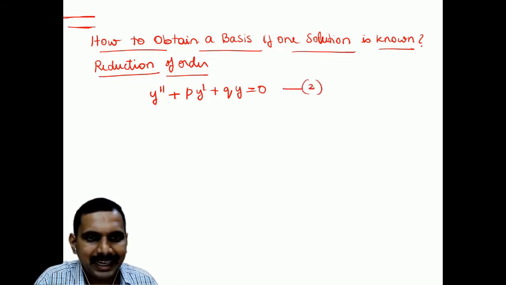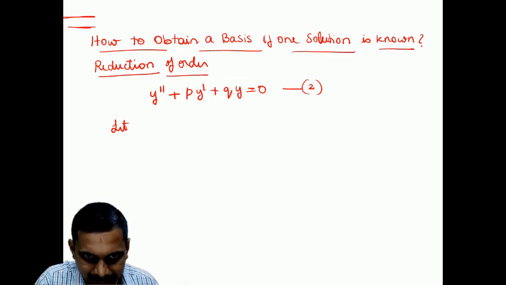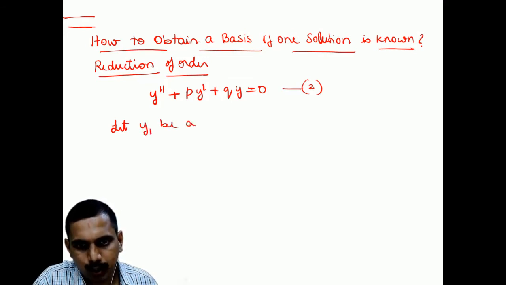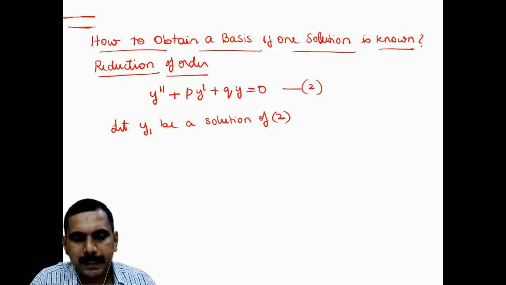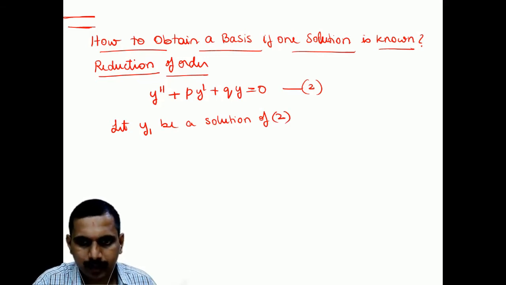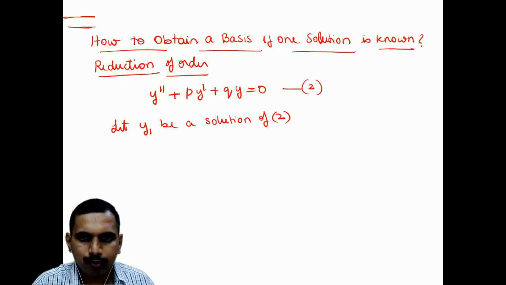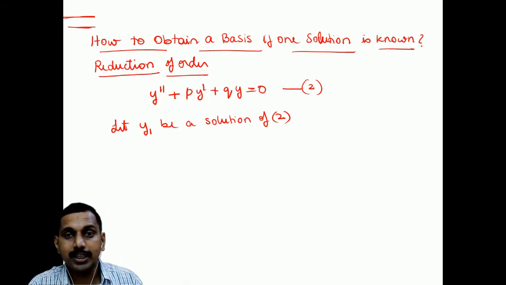Let y1 be a solution of 2. How to find y2 is the question. Now if y2 has to be found, y2 should not be a constant linear multiple of y1.